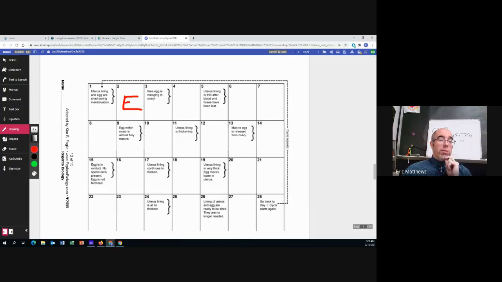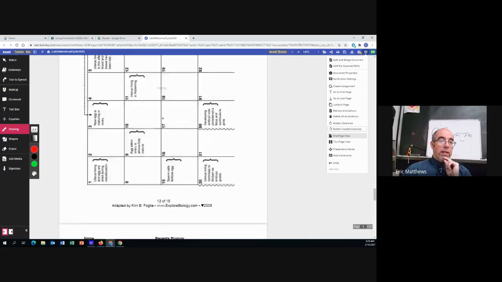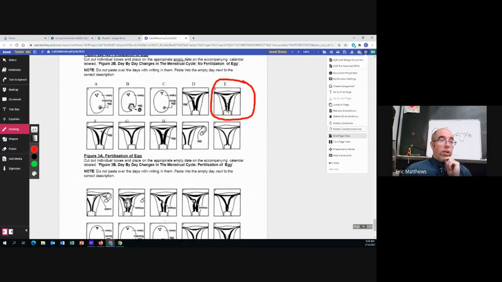Now, the new egg is maturing in the ovary. Come down, take a look through these. Which one looks like a new egg maturing in the ovary? Well, it's not going to be D or later because that's all the uterus. We need an ovary. A, B, and C each have an ovary in them. It labels it. So we know it's got to be one of these.